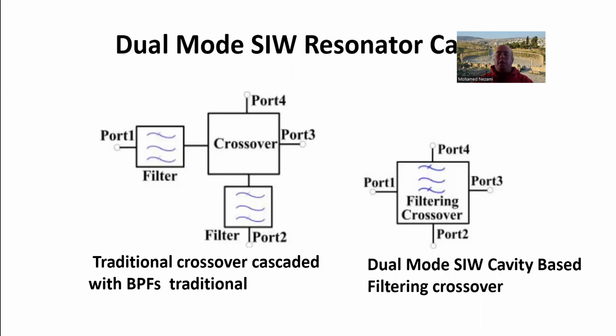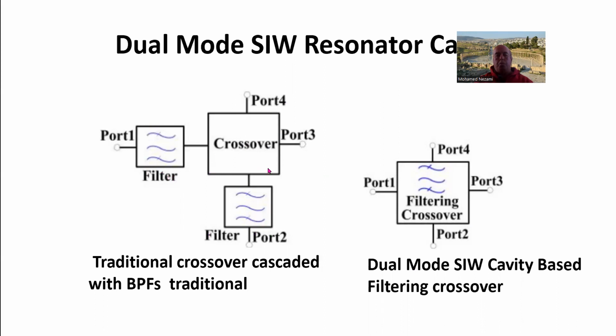So conventionally, what people did is they needed a crossover with filtering functions. They would have a crossover here, just like the ones you saw, or eventually when they found they can do this with SIW resonators, you have two different filters, and you integrate them together.